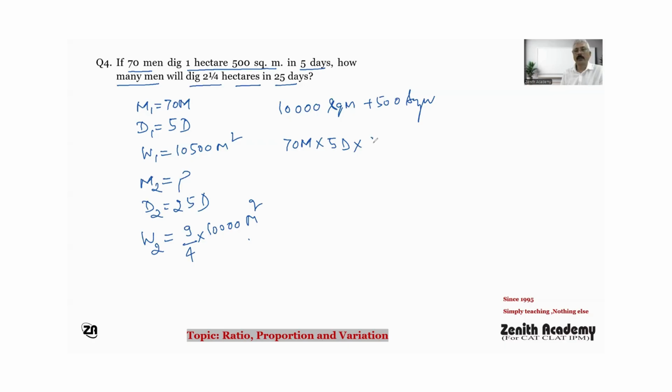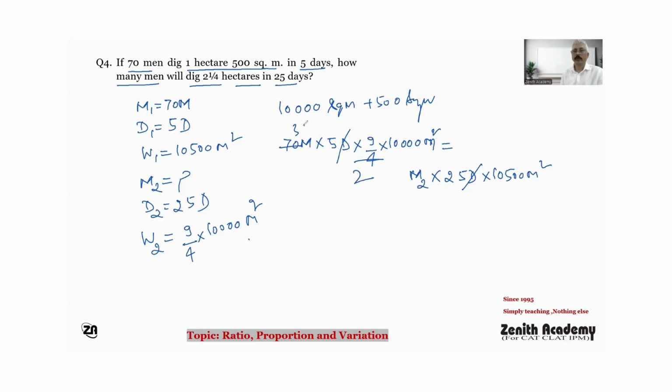W2 is 9 by 4 into 10,000 square meter is equal to M2, which is to be found out here, and M2 into D2, 25 days, into W1 is 10500 square meters. So D and D cancel, and here this is simple.